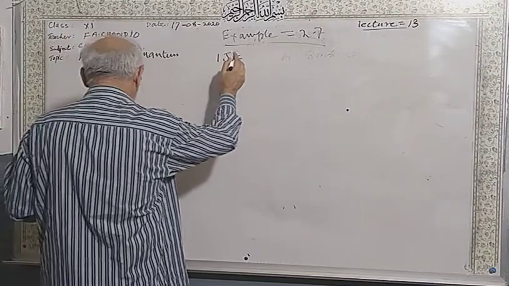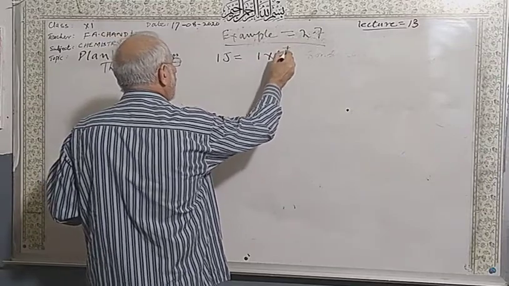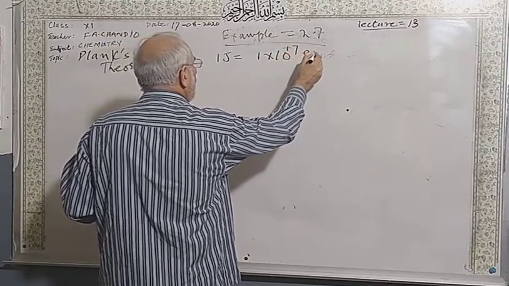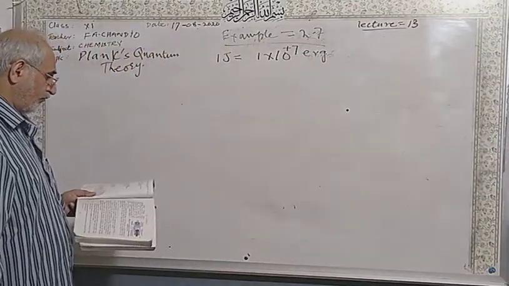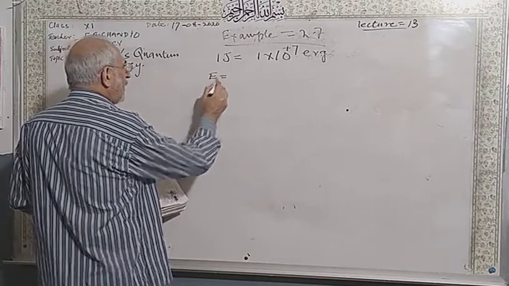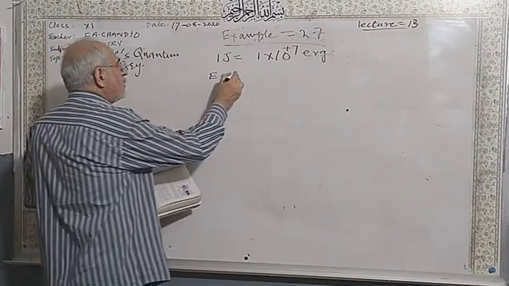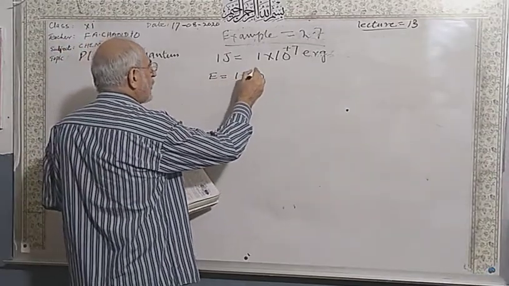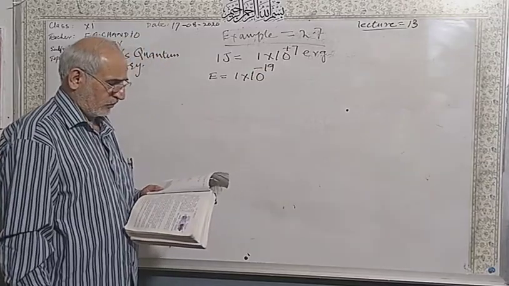One joule is equal to 1 into 10 raised to power plus 7 erg. So dear students, you have an energy of 1 into 10 raised to power minus 19 joules.